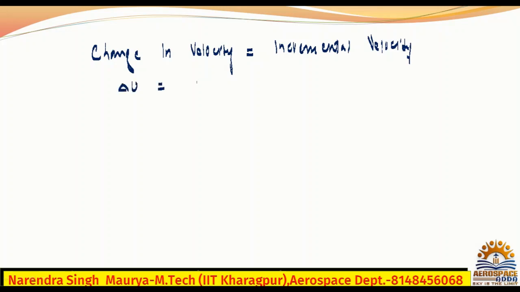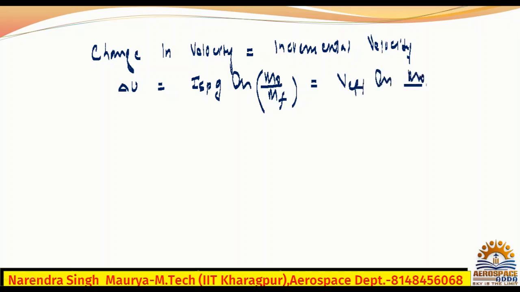What is the formula for this? Isp g ln m naught by mf, or it is also V effective ln m naught by mf. This is the formula.